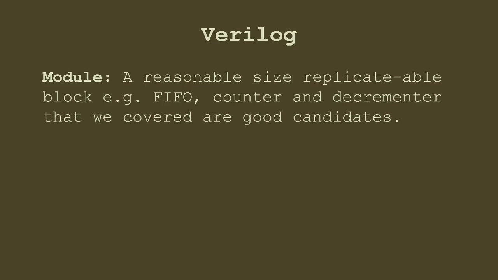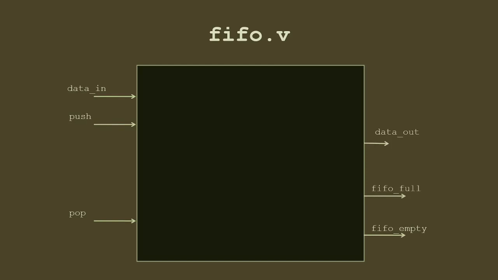situations. So for example, we want to write code for a FIFO. What we'll do is make a text file and change its extension to .v, and we'll give it a name, for example, FIFO.v, and we just write down the inputs and outputs. In the FIFO we had data in, push, pop, data out, FIFO full and FIFO empty signals.